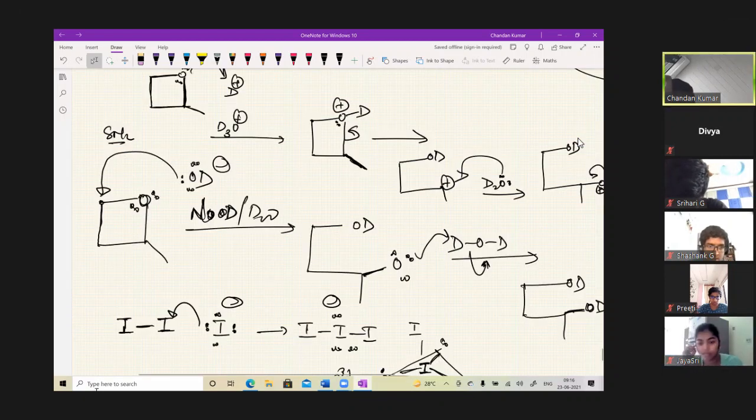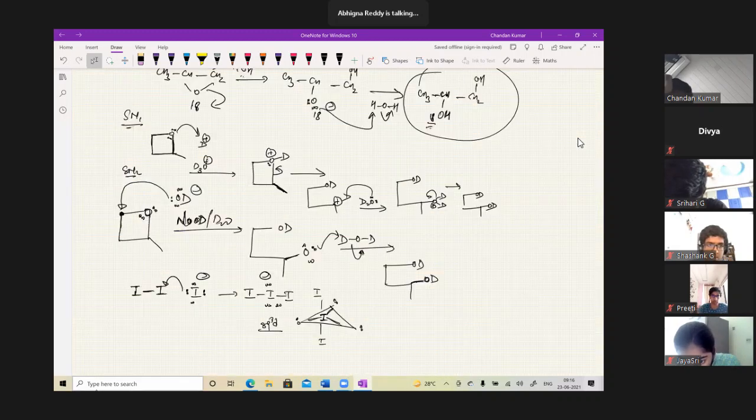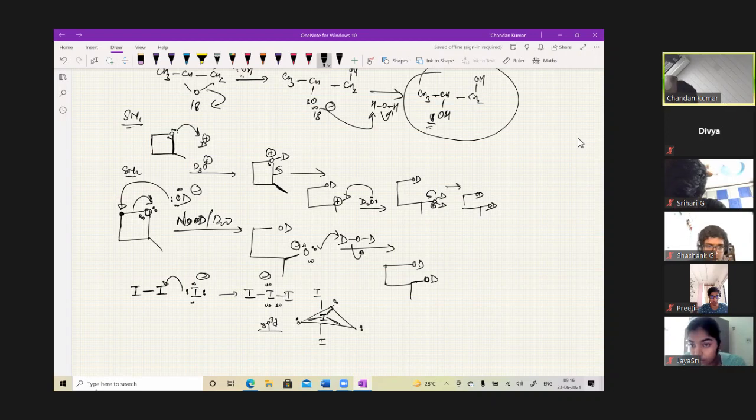Why should it be different? Sir, how come O minus is formed at the place where the tertiary carbon is, if the bond between the attack spot and the oxygen is breaking? Why will O minus not be formed? O minus will be formed over the place where there was O initially, right, sir?